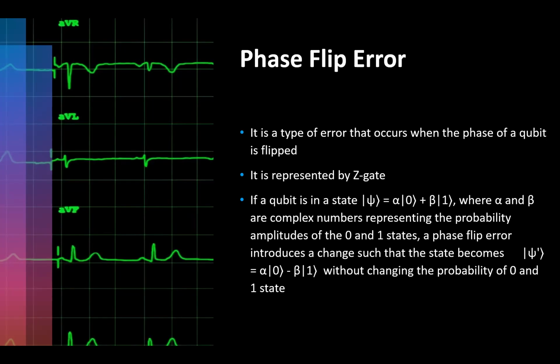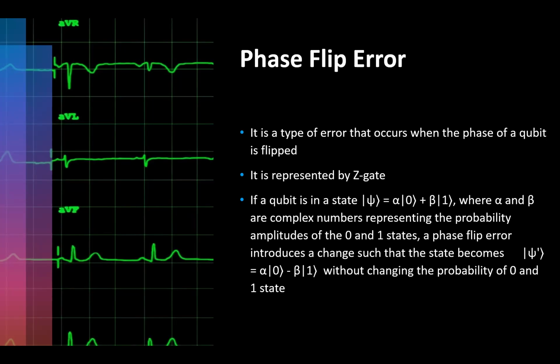If a qubit is in a state, suppose psi, which is alpha 0 plus beta 1, where alpha and beta are complex numbers representing the probability amplitude of the state 0 and 1, a phase flip error introduces a change such that the state becomes psi dash, which equals alpha 0 minus beta 1 state, without changing the probability of 0 and 1 state.